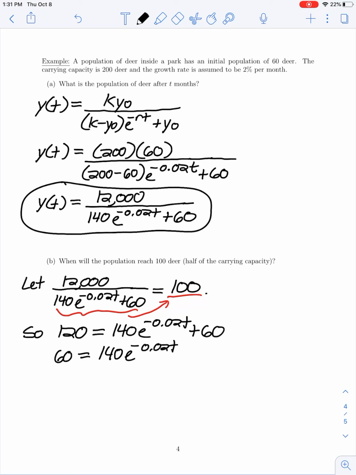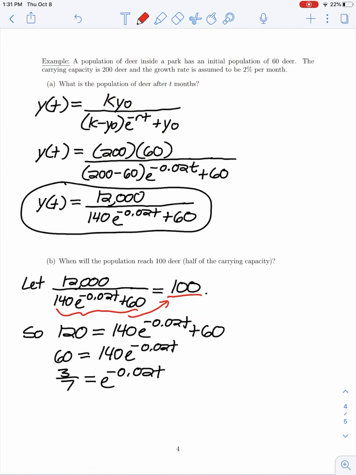And then I would divide through by 140. So I have 60 over 140, or equivalently 6 over 14, or 3/7 is equal to e to the negative 0.02t.